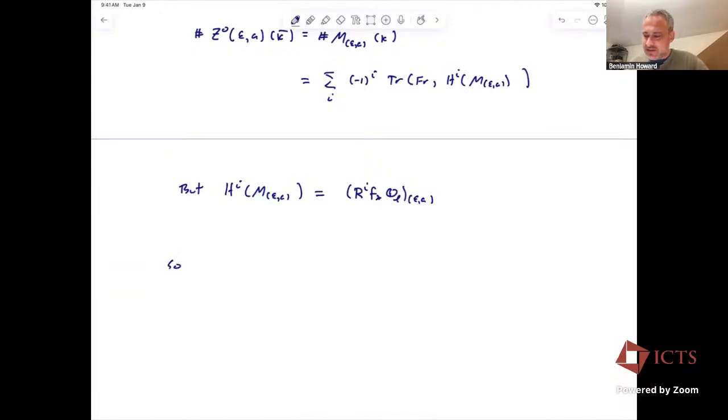So what we've done is express the number of points on our zero cycle over the algebraic closure as the sum of the trace of Frobenius on the stalk at EA of the higher direct image.